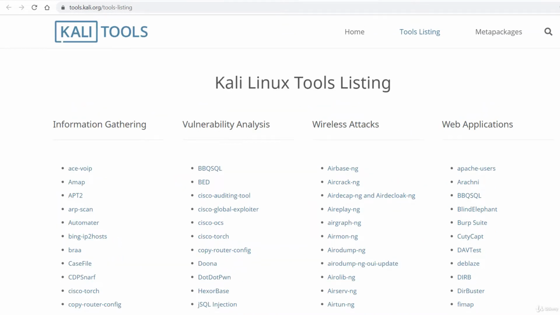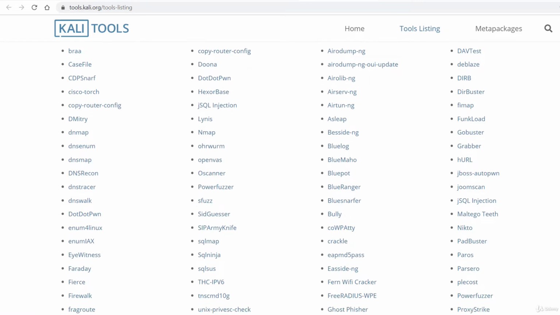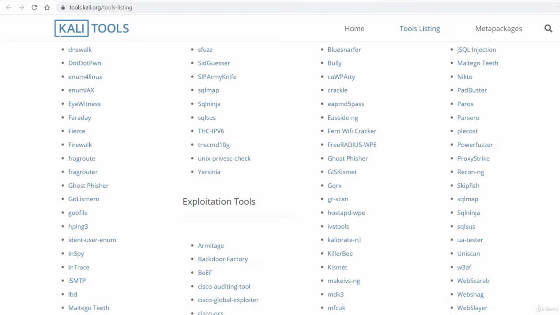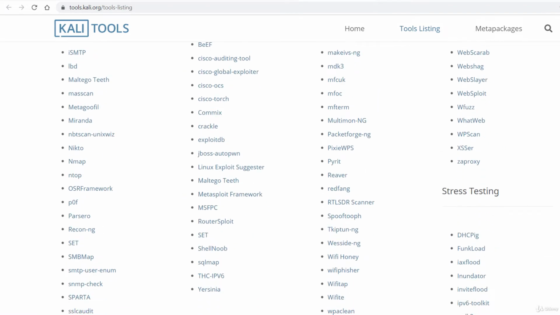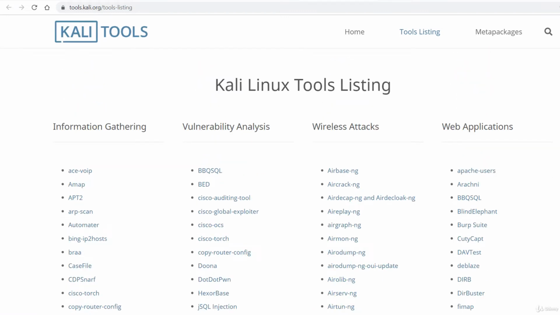You'll find tens of hacking tools used for information gathering, vulnerability analysis, wireless attacks, web application assessment, exploitation, stress testing, or forensics tools. Moreover, Kali is free and always will be.